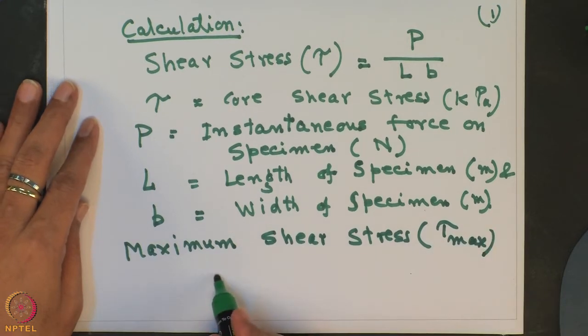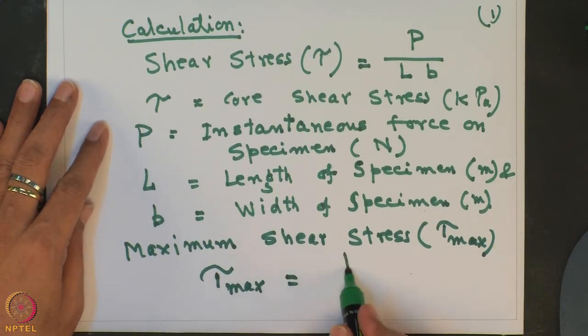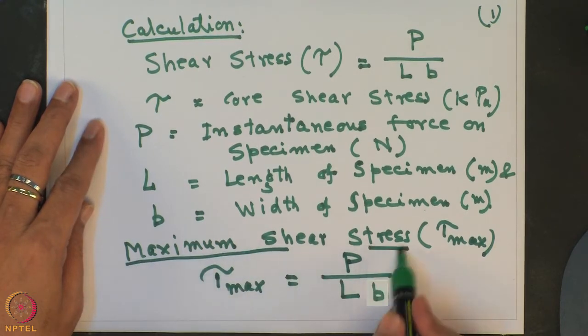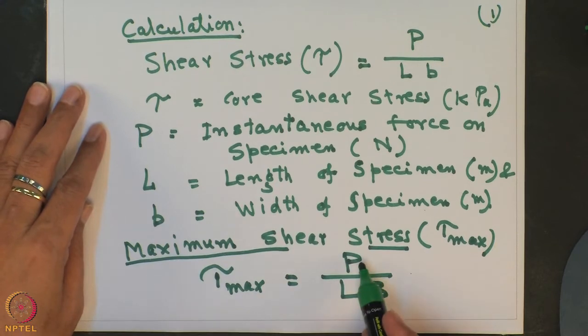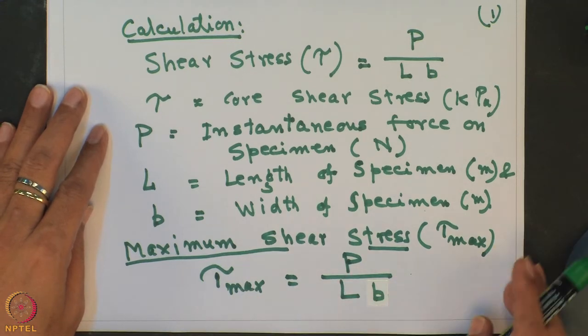This tau of max is equal to P divided by L into B. So, if you know P, L and B, you can determine the maximum shear stress value. You can also determine the core shear modulus.